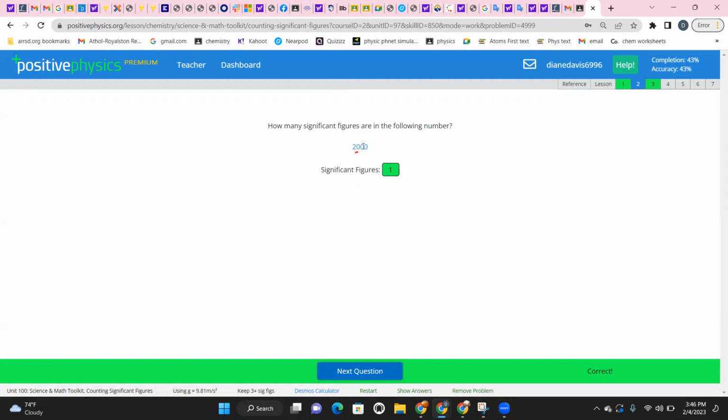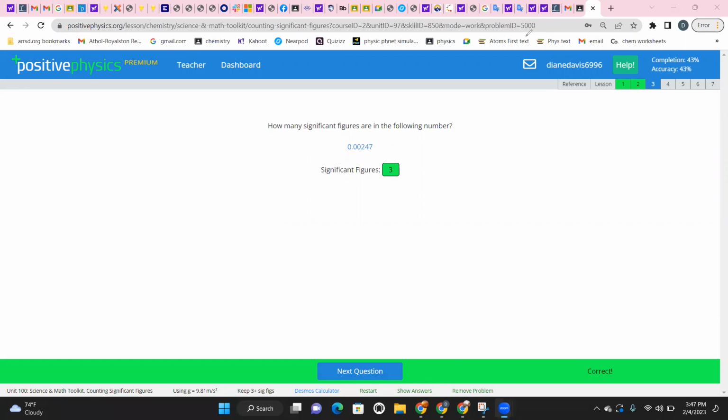There are no sandwiched zeros. The only significant figure is the digit 2, so 1 significant figure. Here they put leading zeros to see if you would recognize that those are not significant figures. Therefore, there are only 3 significant figures.